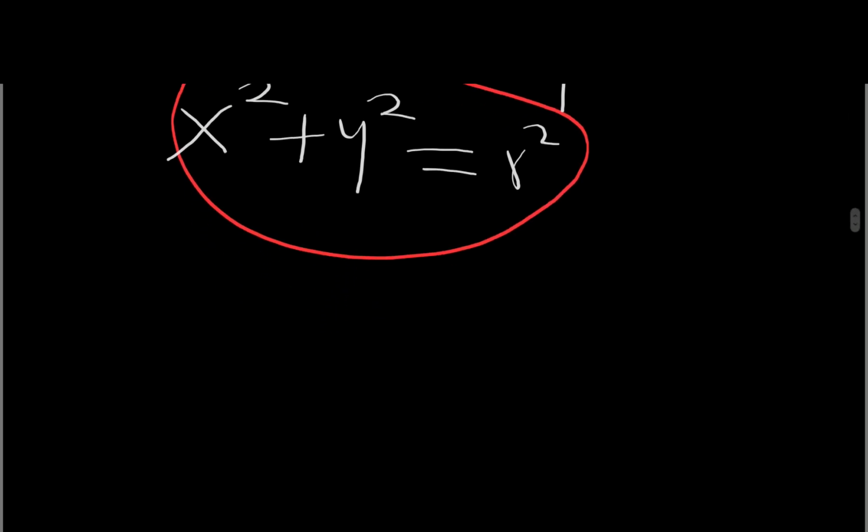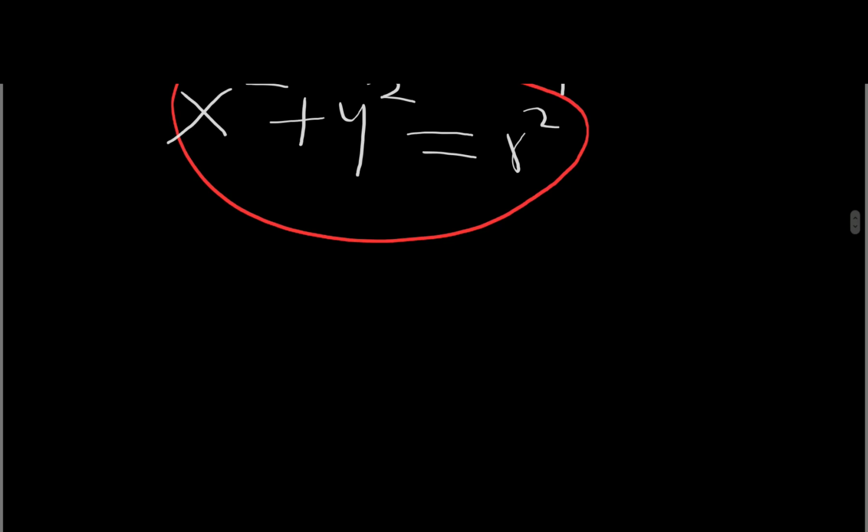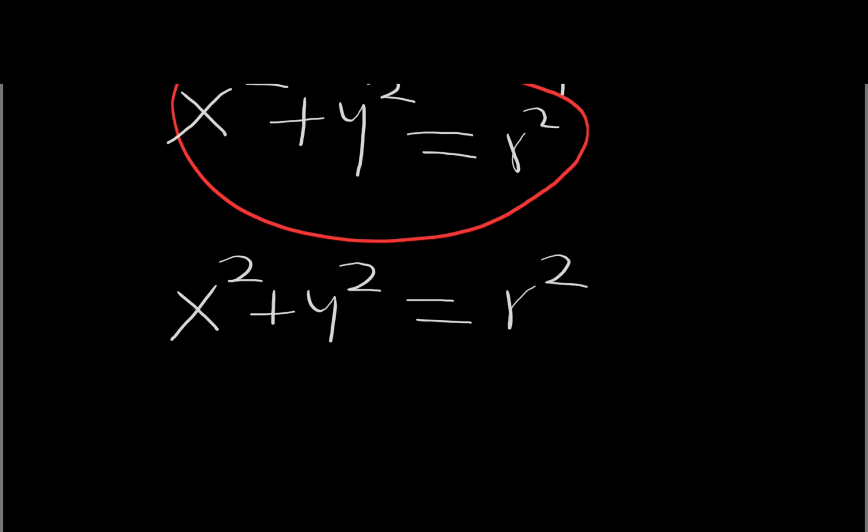Now, we have x squared plus y squared equals r squared. Let's divide each of the terms by r squared.